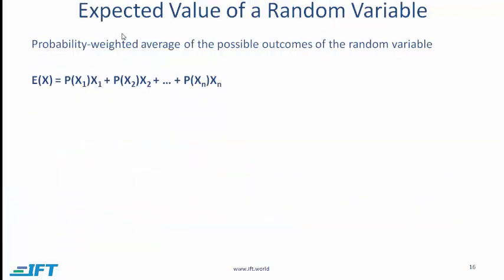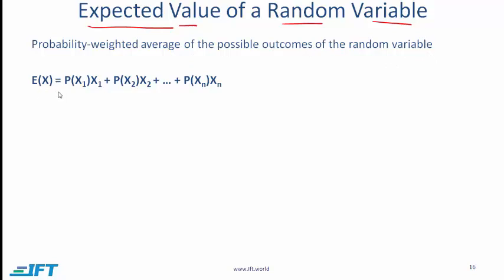We now change gears a little bit and talk about the expected value of a random variable. The expected value of a random variable is essentially the probability weighted average of the possible outcomes of the random variable.